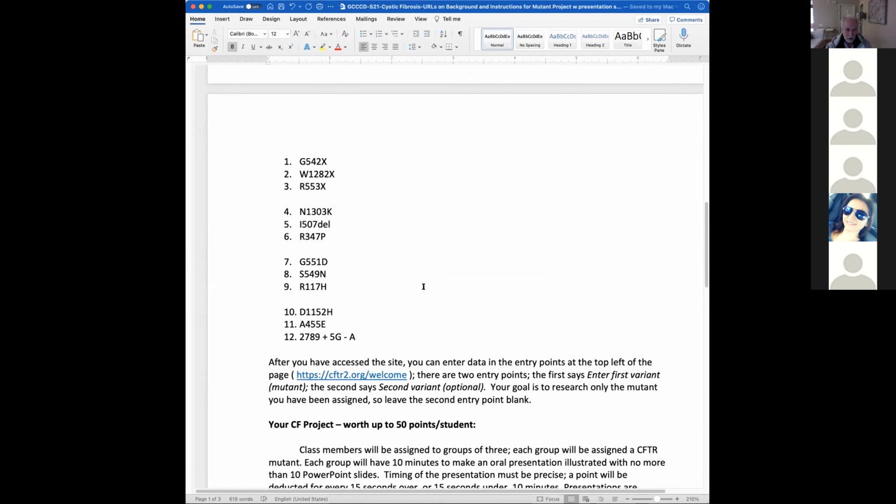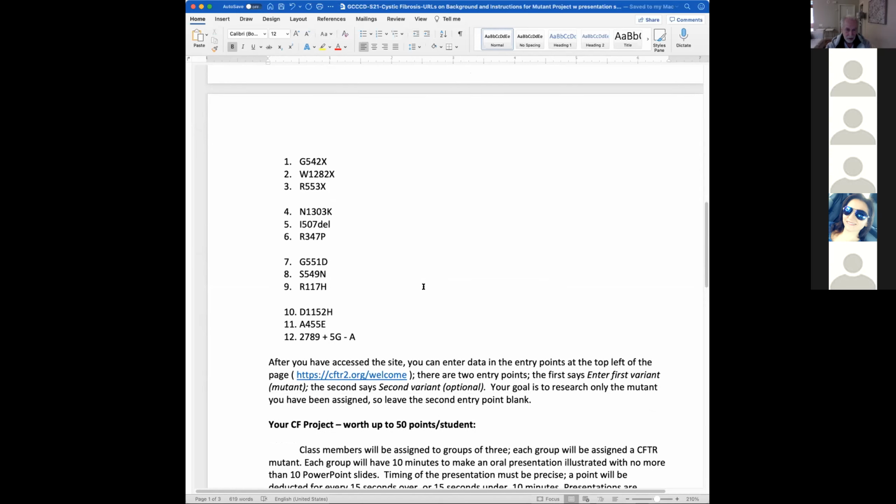Your project is worth up to 50 points per student. If you did a perfect job, each student who is involved in that job gets 50 points. You will be assigned to groups of 3. Each group will be assigned a mutant, and each group will have 10 minutes to make an oral presentation illustrated with 10 or fewer PowerPoint slides.